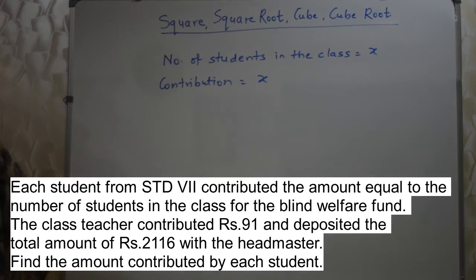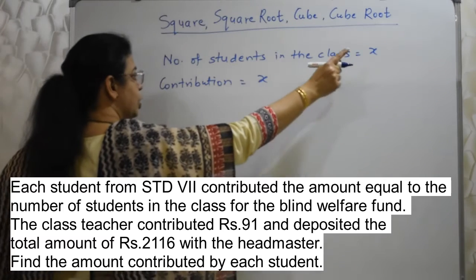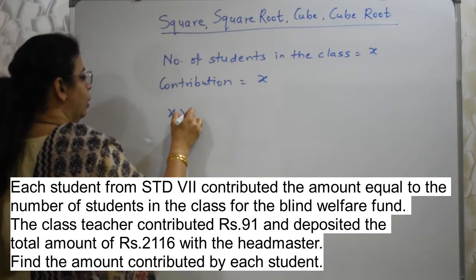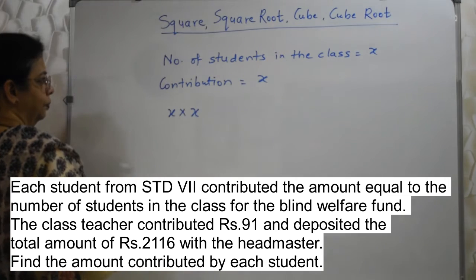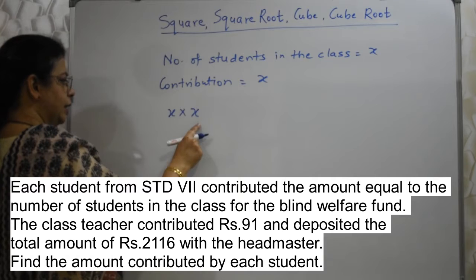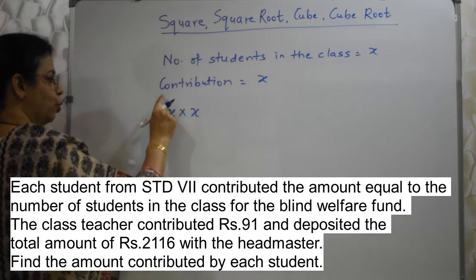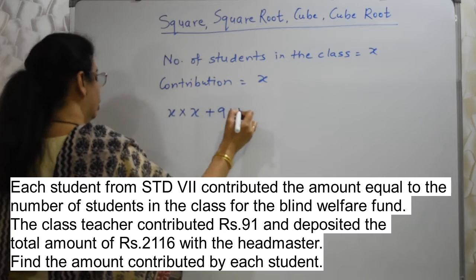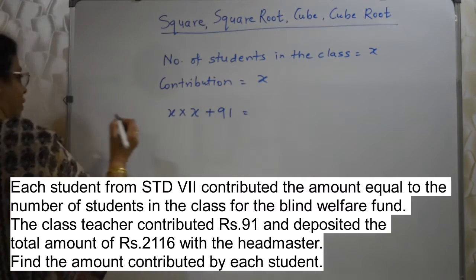Now we will write the equation. If there are x students, each one is contributing x only, so total will be x into x. Each student will contribute x, and the total number of students is x. Plus the teacher is contributing 91. Total is how much? 2116, right?